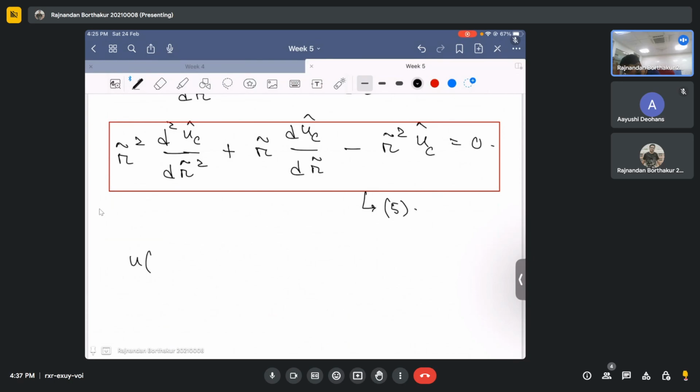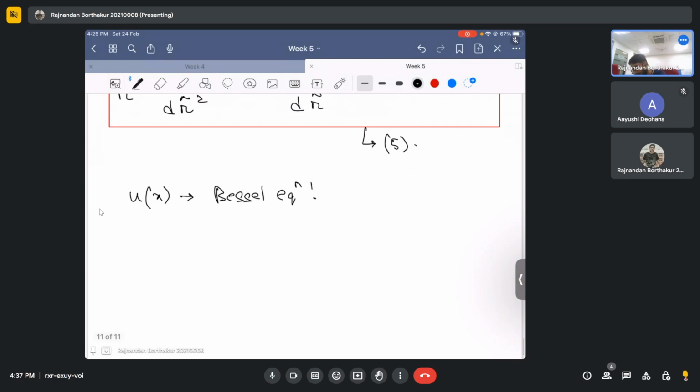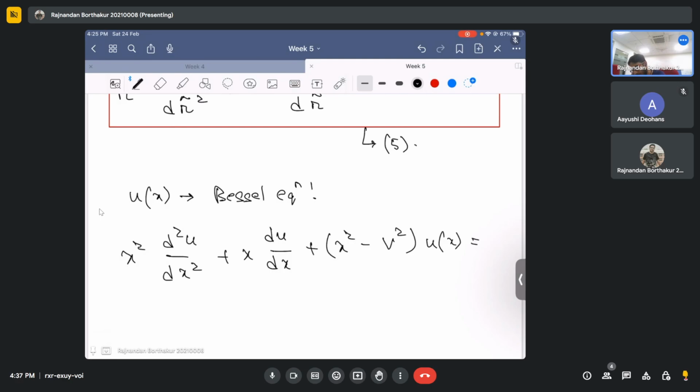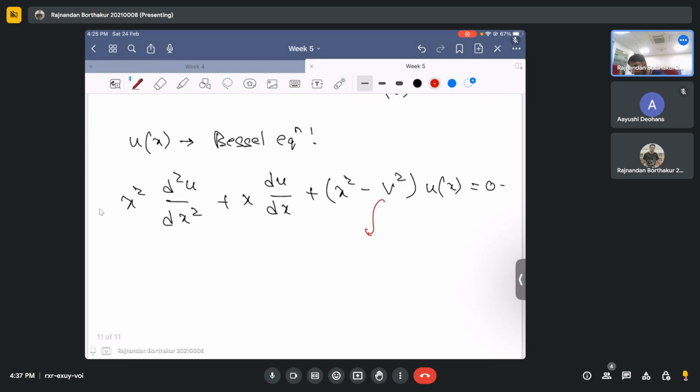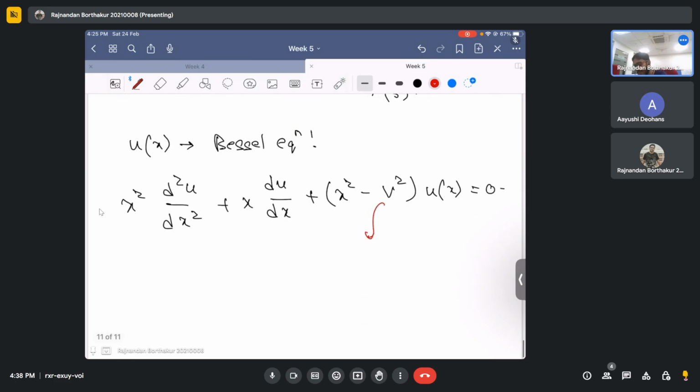If I have a dependent variable u, which is a function of x, then the Bessel equation which governs u of x is as follows: x squared times d2u/dx squared plus x du/dx plus x squared minus nu squared times u of x equals to 0, where nu is known as the order of the Bessel equation. In this case it is 0.